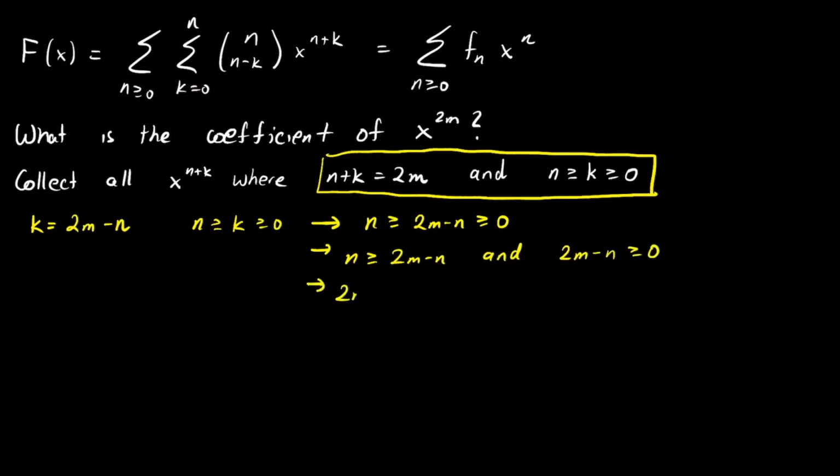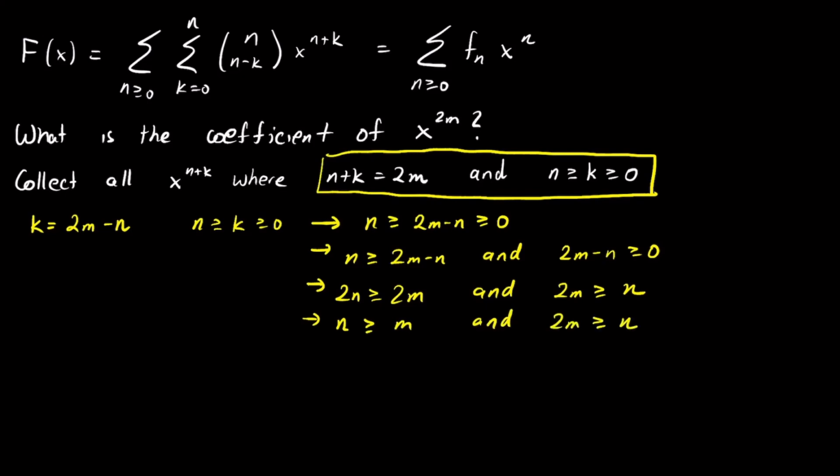That tells me that 2n is bigger than or equal to 2m, and 2m is bigger than or equal to n. And then I notice that the first one, 2n greater than or equal to 2m, can be written as n greater than or equal to m, and 2m is greater than or equal to n.